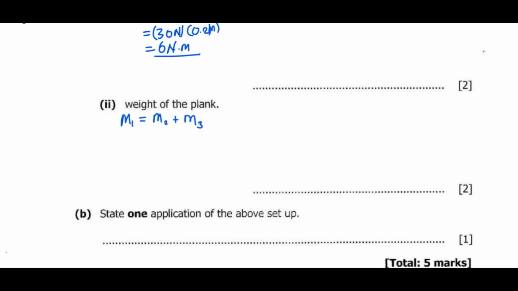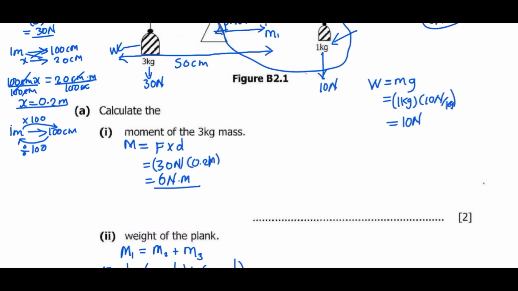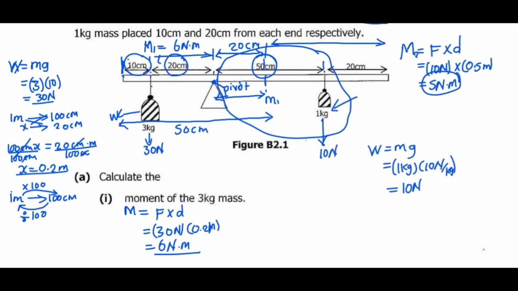So we know that on the right side we have two moments. Moment 1 will be force 1 times distance 1. Then moment 2 will be force 2 times distance 2. Then plus moment 3 will be force 3 times distance 3. Force 1, we've calculated this moment, but let's just say we recalculate.